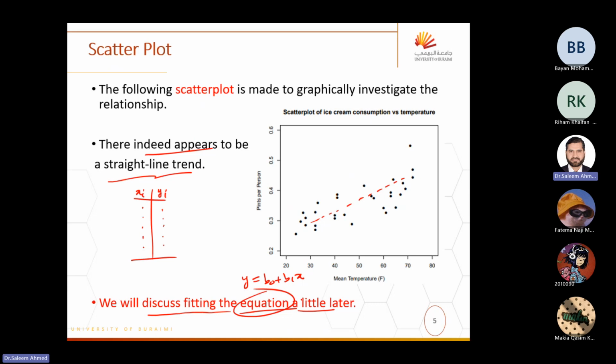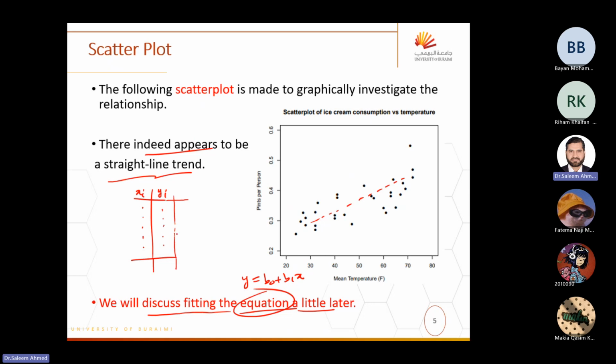Before looking at this equation of a straight line, can we say that there is a linear trend? If there is no linear trend, I may not go to find this line. Agree? So there is a way which can tell us that there is a relationship.